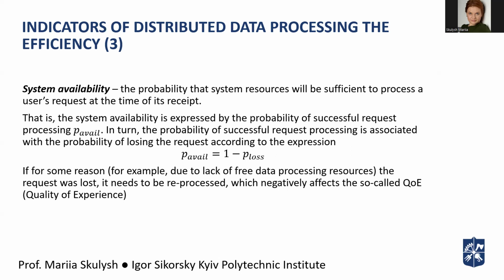So therefore, okay, system availability is in percentages: 1 minus the loss of this.